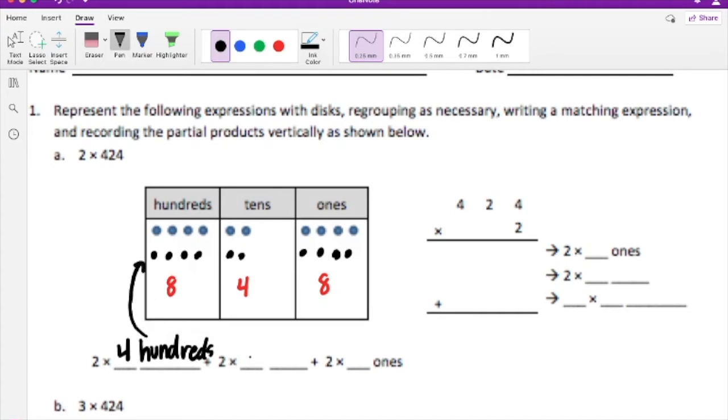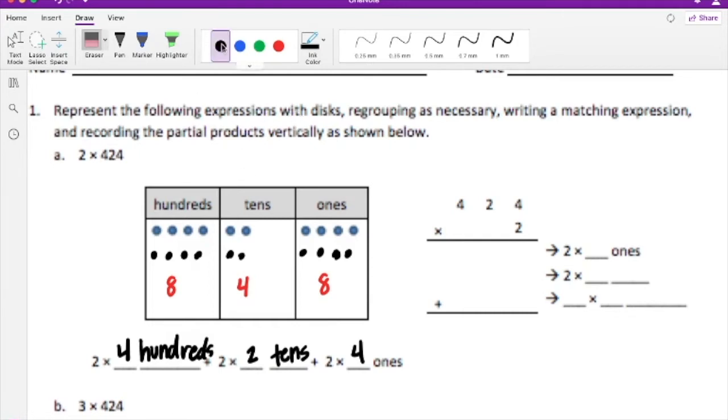We also did 2 times 2 tens. Right, here's 2 tens, and we also did 2 times 4 ones. That's where we got that from. All right, so we expressed it on the place value chart. We expressed it, we gave a matching expression.